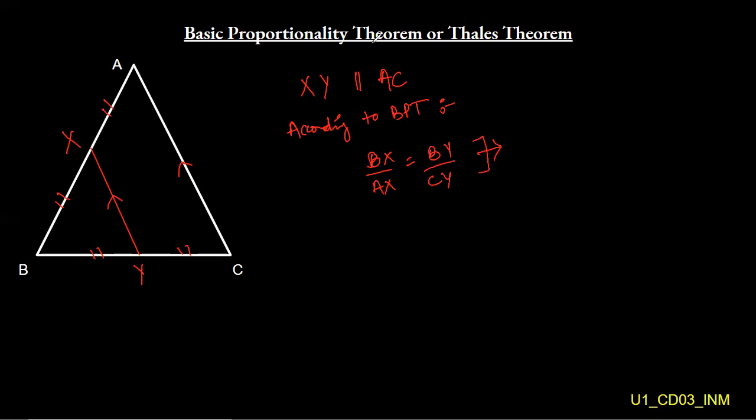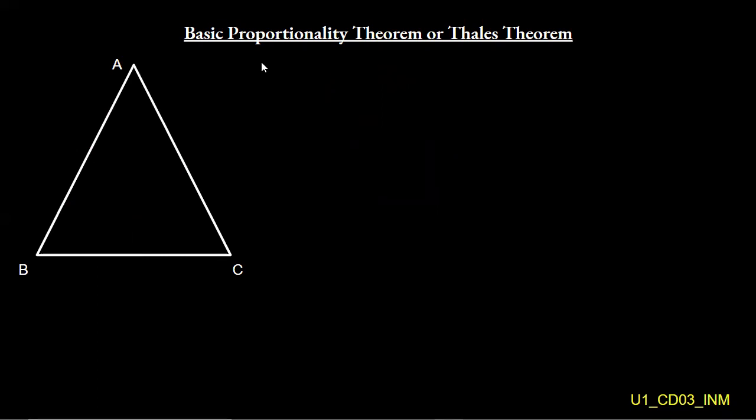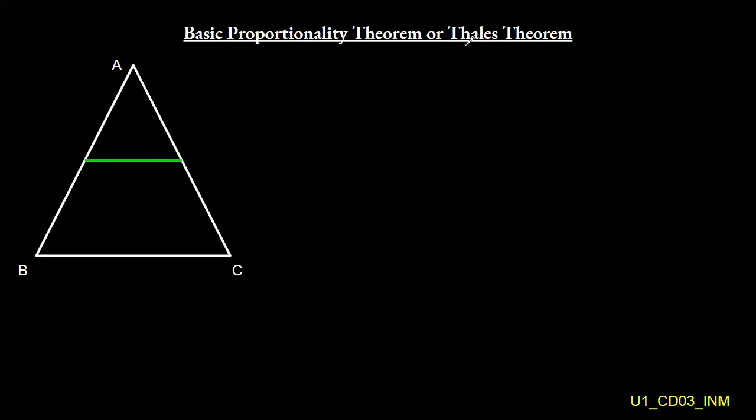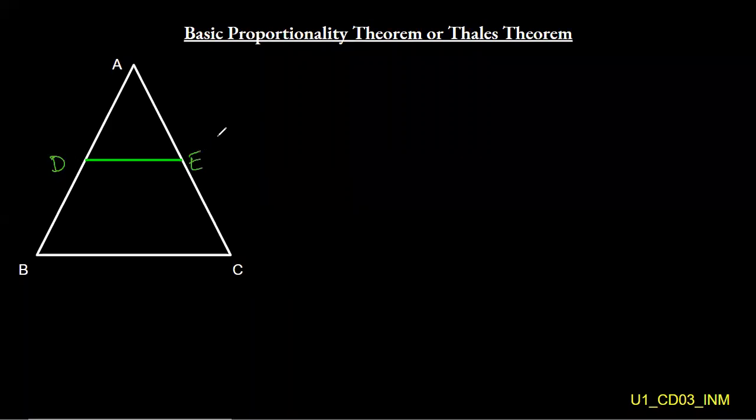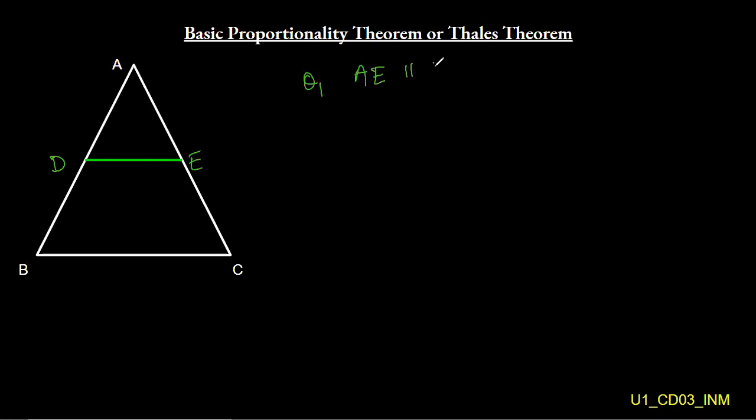Now we will see how we apply this theorem in different questions, and how questions on this come. The first and very basic question that usually comes is, let's go back to our green line, which we named DE. The most common question from this theorem is: it is given that DE is parallel to BC.